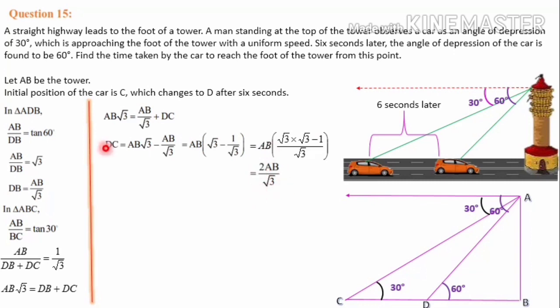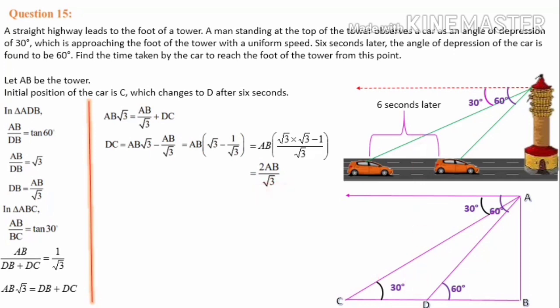This is DC, the distance the car traveled from C to D. In the diagram, the time taken from this point to this point, that is to travel from C to D, is 6 seconds. And the distance from C to D is 2AB by root 3.